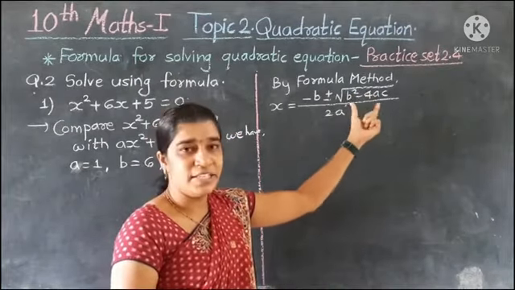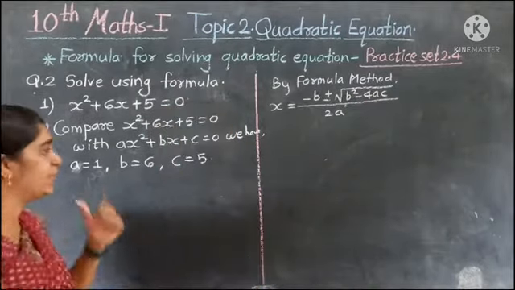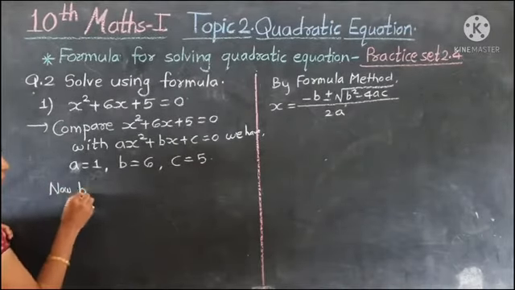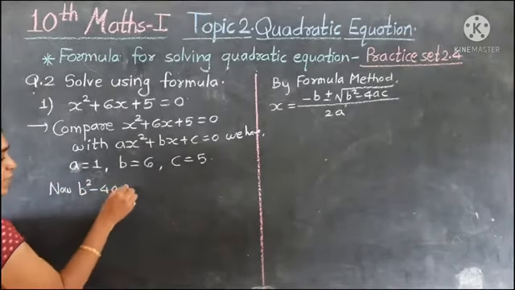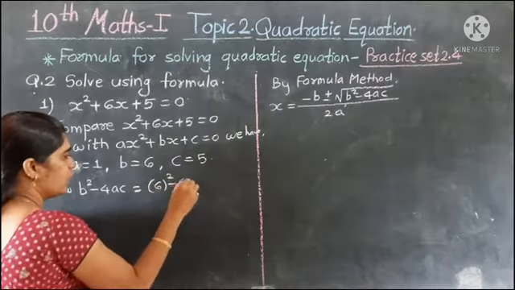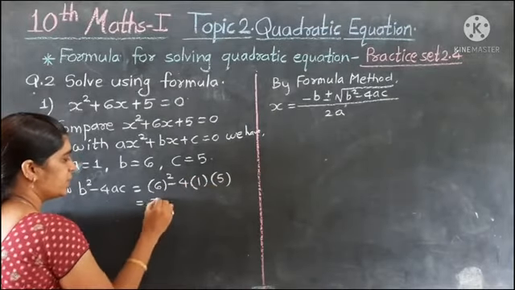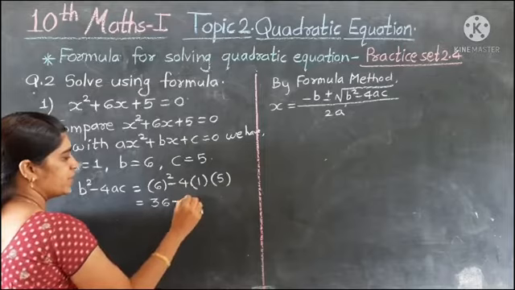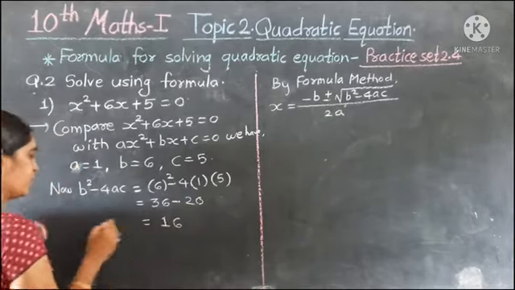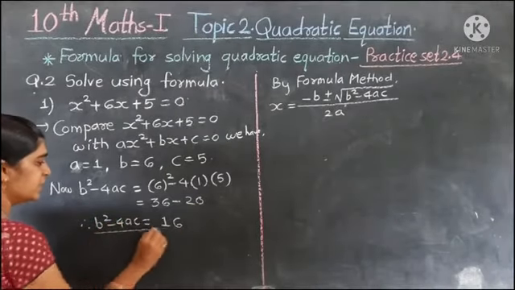But it is easy to take b square minus 4ac separately. So I will find it now. B is 6 square minus 4, a is 1 into c is 5. 6 sixes are 36 minus 4 fives are 20. We get 16. The value of b square minus 4ac is 16.